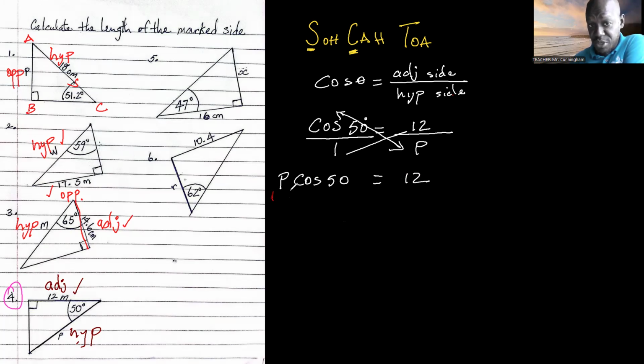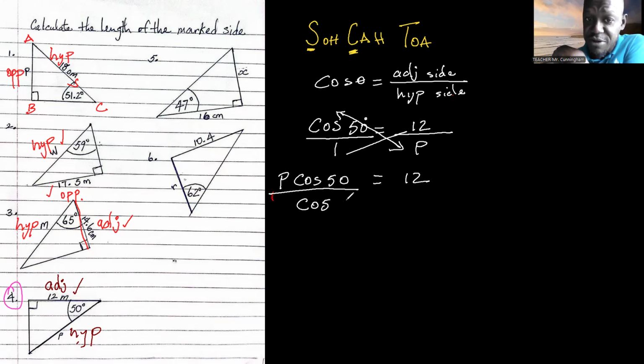Finding for P, so what do we have to do? Harrison, we're finding for P. You're dividing by cos 50.